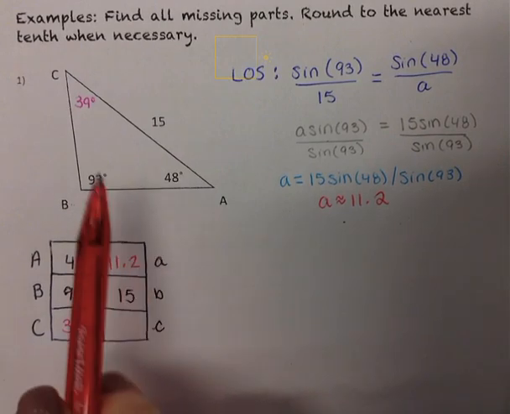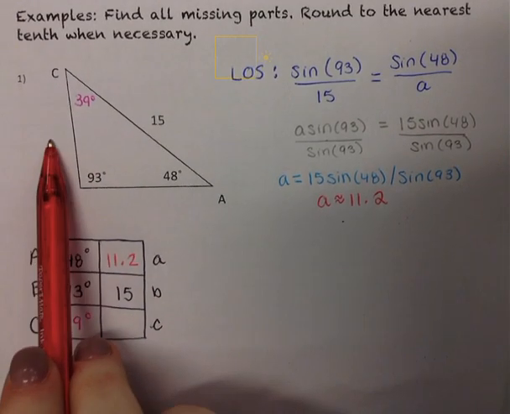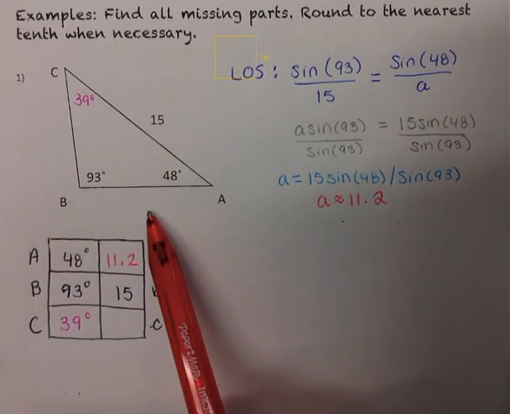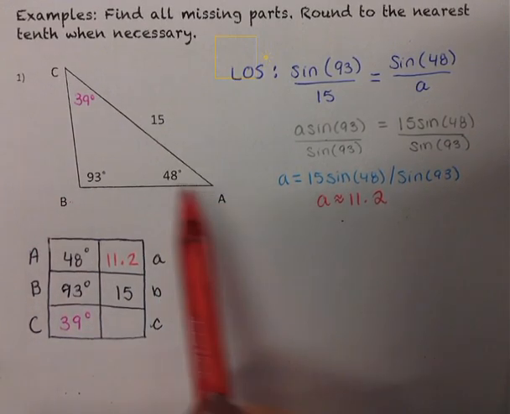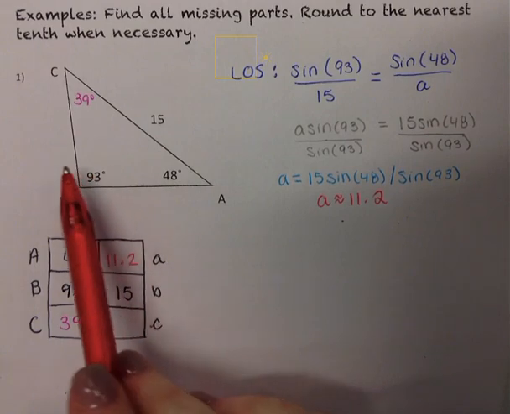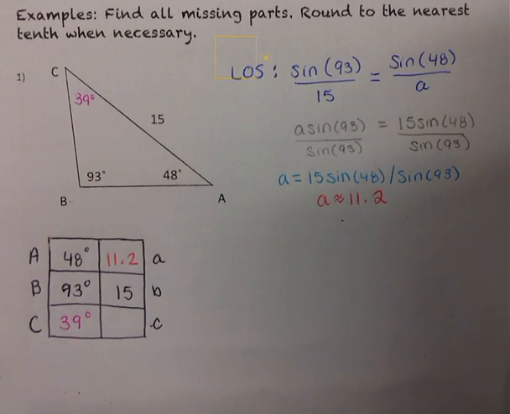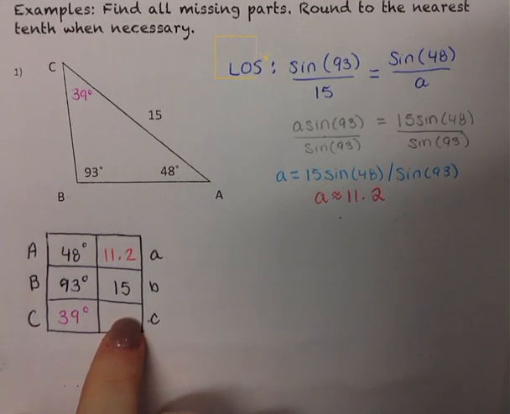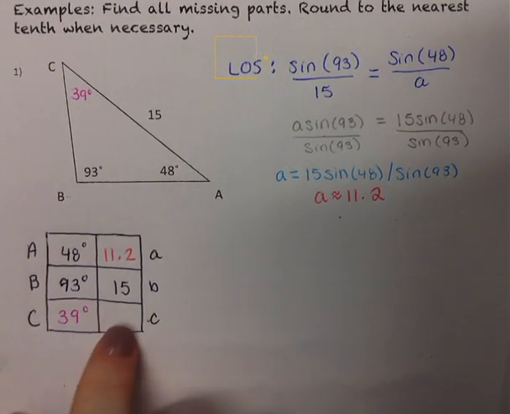So now I have little a, so I need to find little c. I could use Pythagorean theorem, however, this is not a right triangle, so I can't actually use it. So now I need to use law of sines again to find little c.